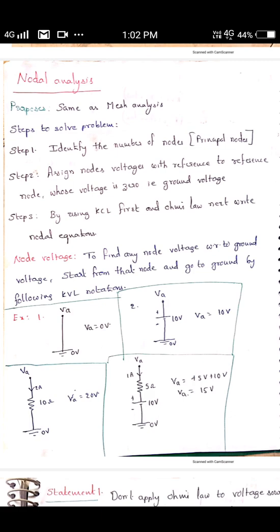See, in some examples I have shown how to find the node voltage. A very important definition is here: if you want to know any node voltage in the network, start from that node and go to the reference or ground node by following KVL notations. Then you can easily calculate the node voltage.